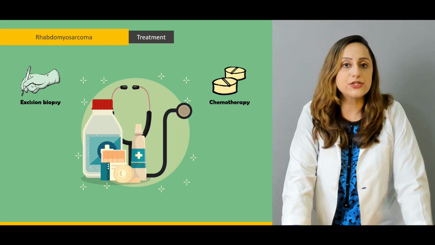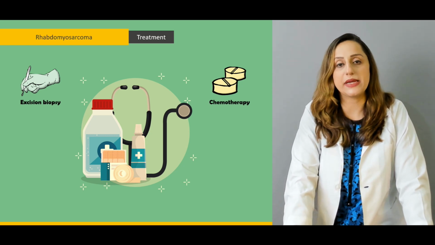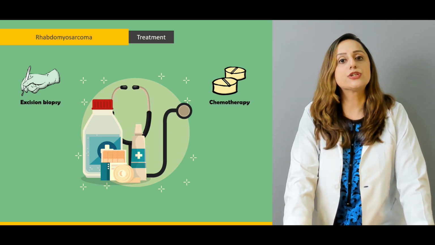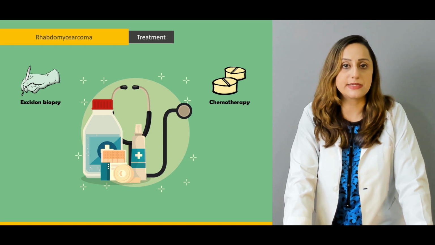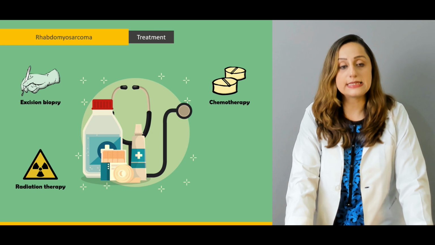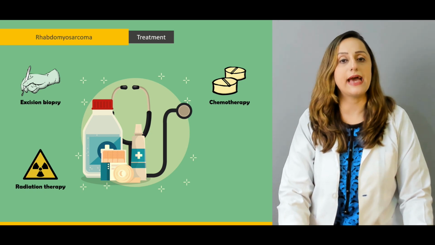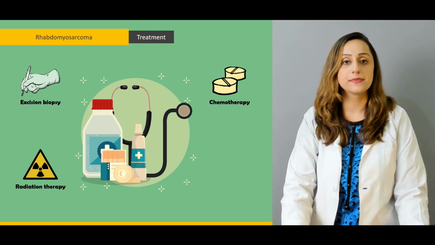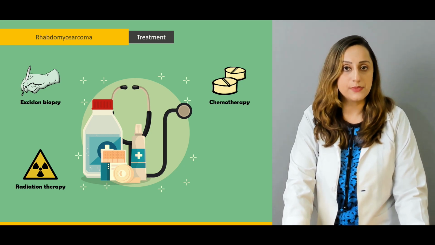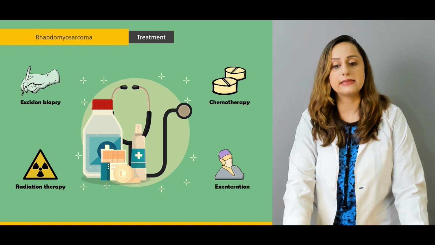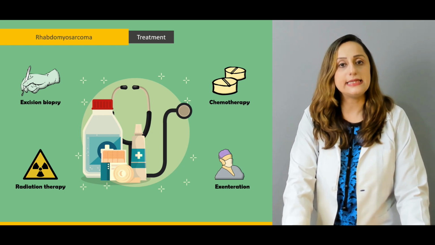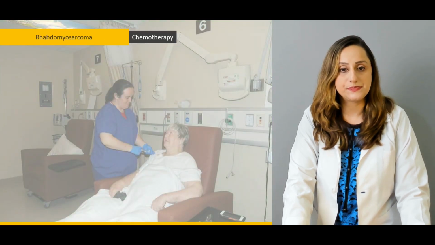Whether it is an inflammatory kind of mass, or you are suspecting it to be a neoplasm or a rhabdomyosarcoma, you're still going to perform the excisional biopsy, and then you're going to give chemotherapy if the patient is found to have rhabdomyosarcoma. Then you're going to couple it with radiation therapy, and finally you're going to perform exenteration techniques for these individuals as well.